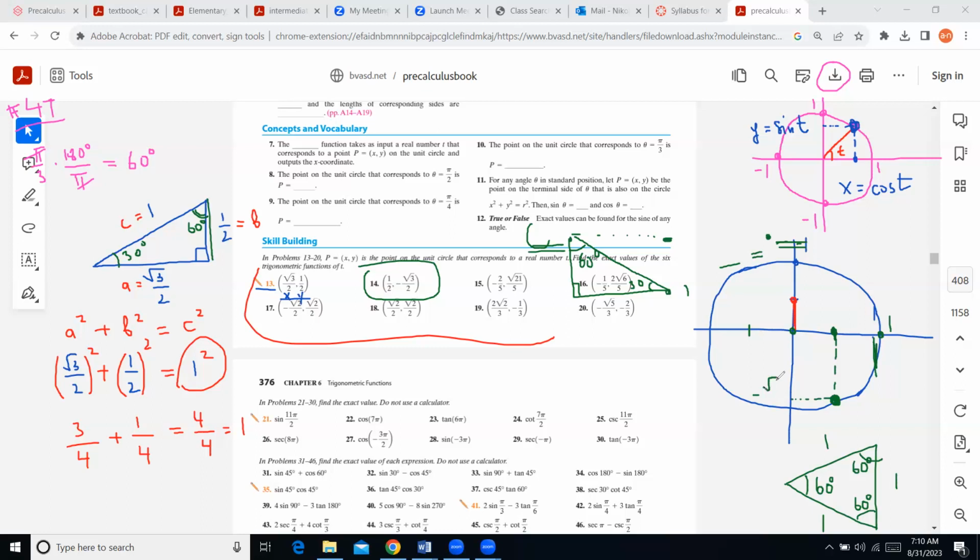And since we already have 1/2, its friend, square root 3/2 will be here with us, but it comes with a negative sign since we have a y-coordinate below the x-axis.